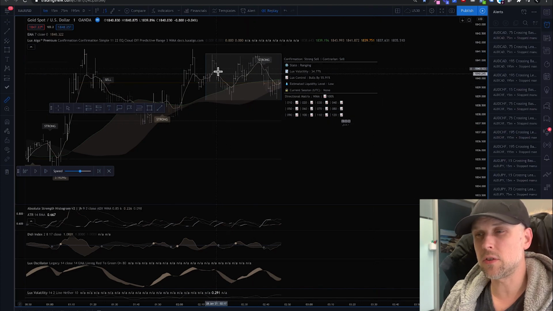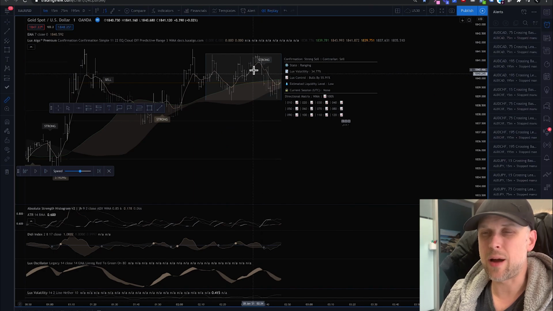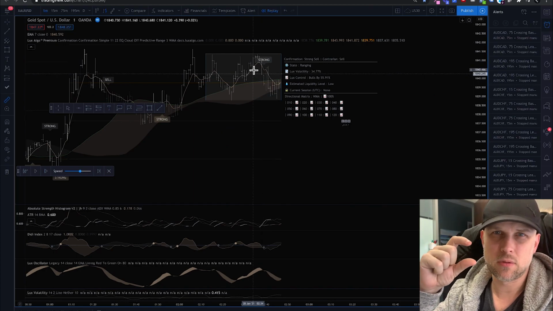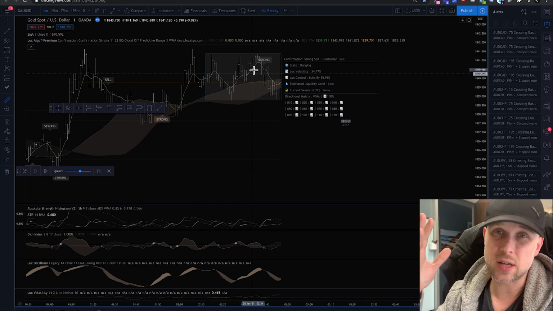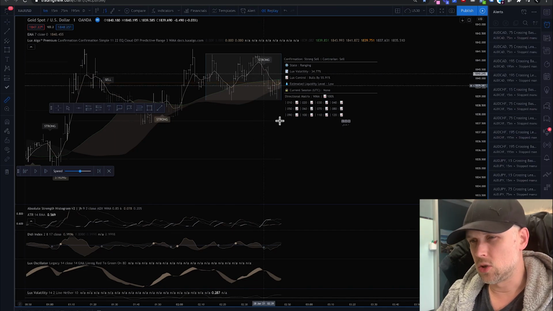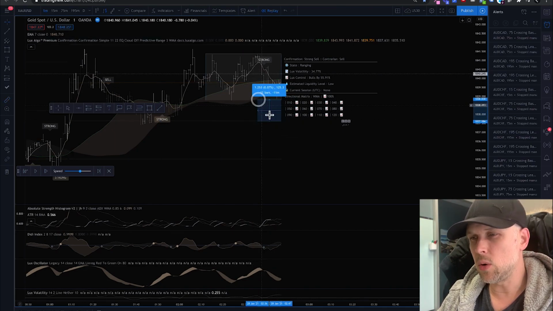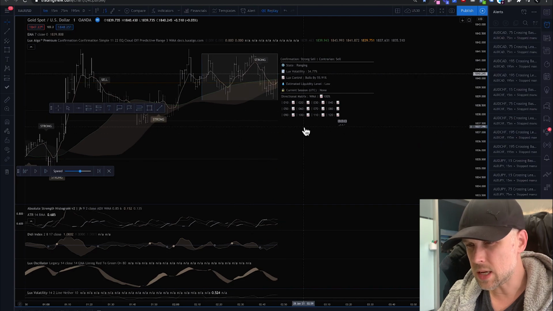So this is a consolidation, but we've got enough room that we can go ahead and we can trade. Because I want to see that the halfway point of this range is going to be at least double my ATR, so that if I do take a trade, the chances of me losing go way down. So we're going to go ahead and say, even though there is this consolidation box, we can take a trade.